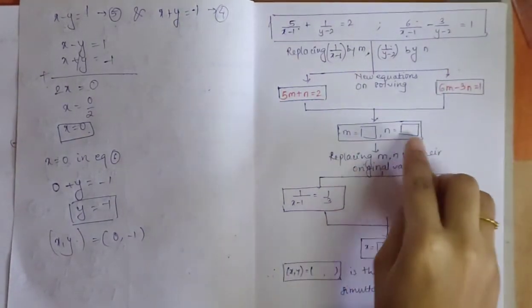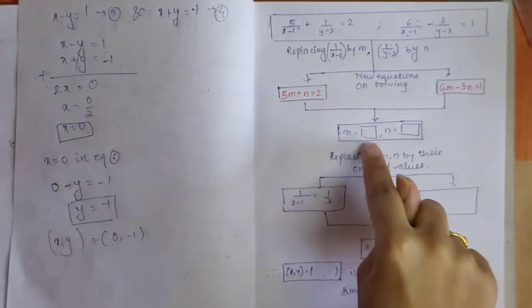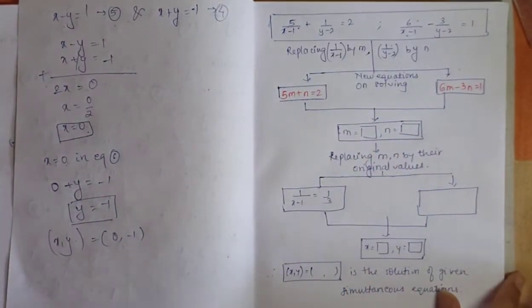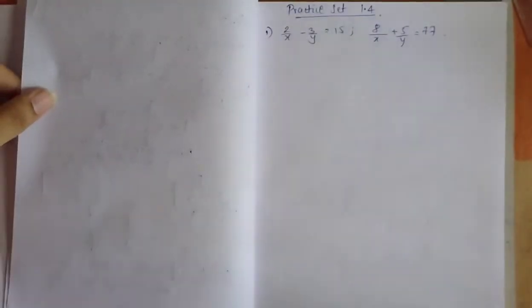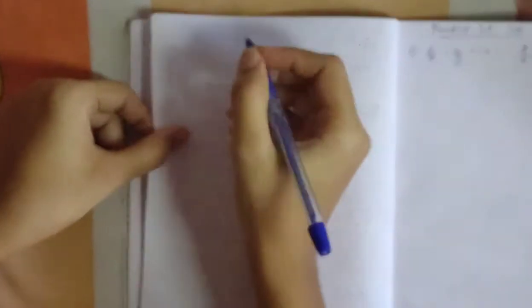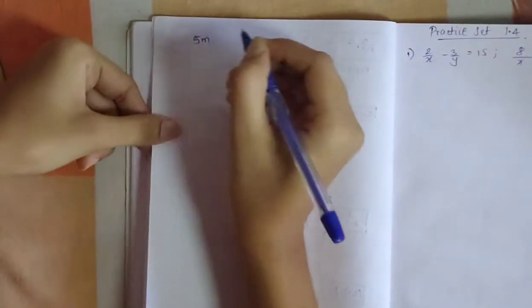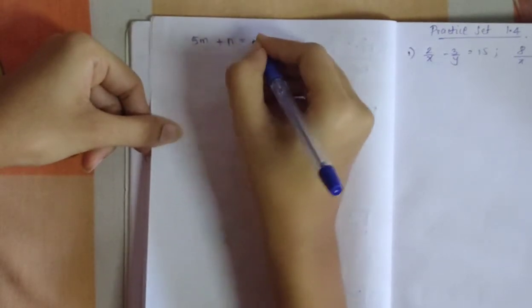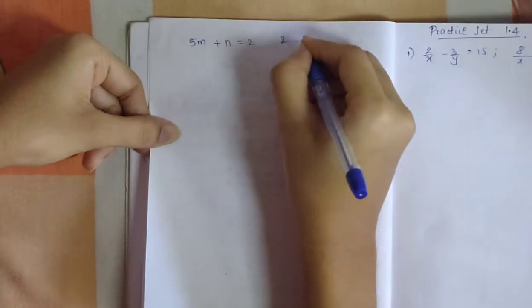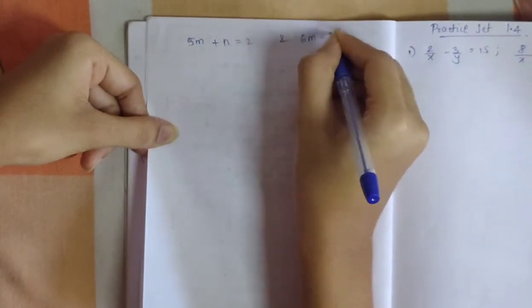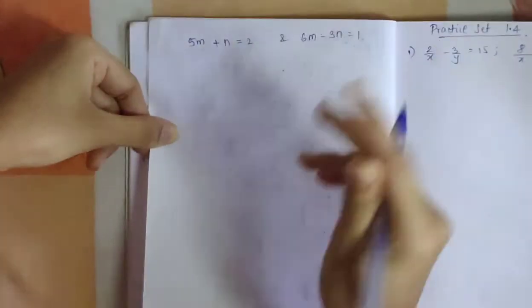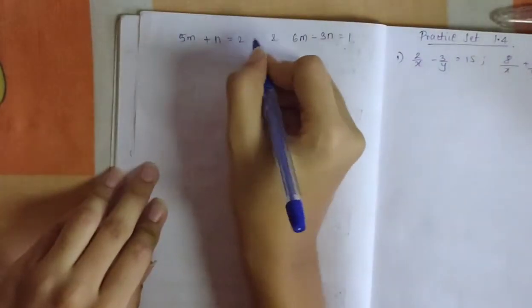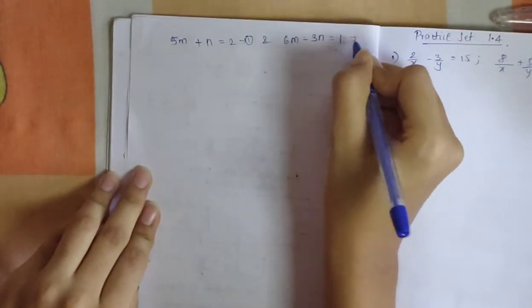Now you just have to fill in the blanks here, but to fill in the blanks you need to actually solve these two equations. So let's do that first. So the equations are 5m plus n is equal to 2 and 6m minus 3n is equal to 1. So this is my equation number 1. This is my equation number 2.